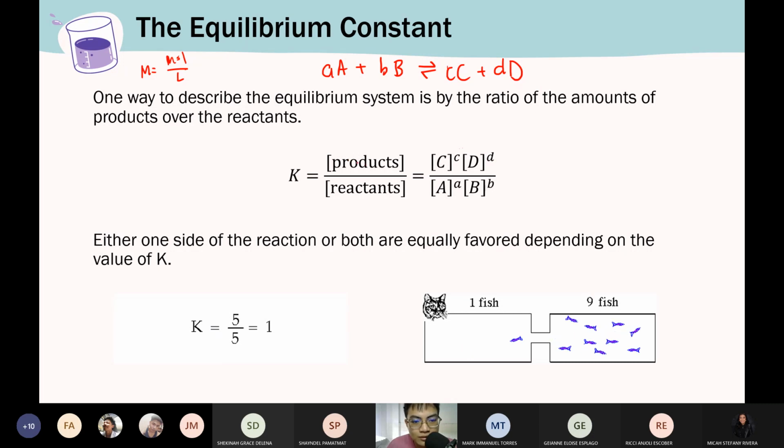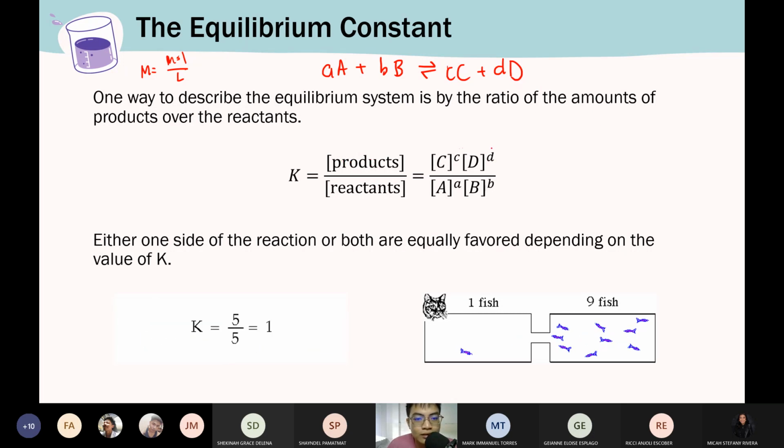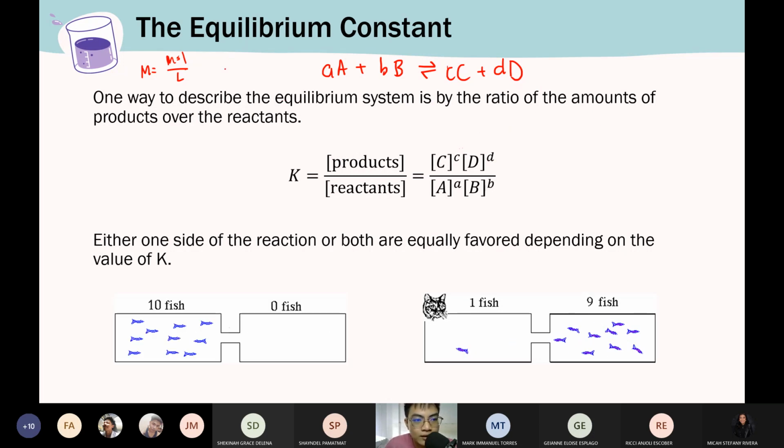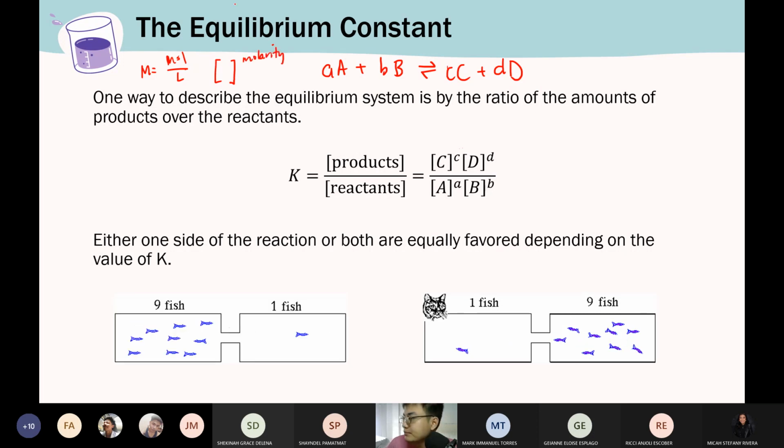So, that's K. So, that's the ratio of products and reactants. And when you see concentration, okay, that's in molarity always. By the way, whenever you see a square bracket, no, molarity yan. So, ganun kami sa keme. Minsan tinatamad na kami sulat na molarity. So, basta makita namin to, that's molarity na agad. Okay?